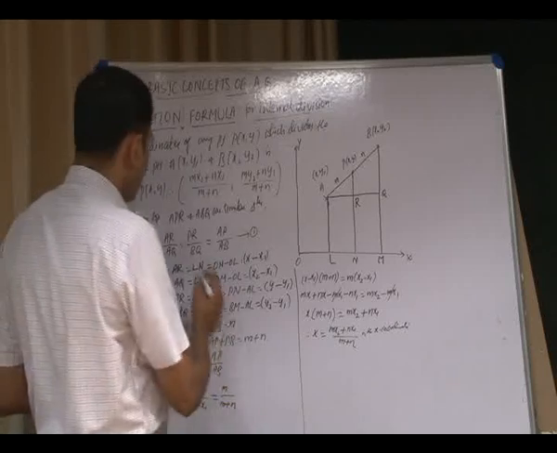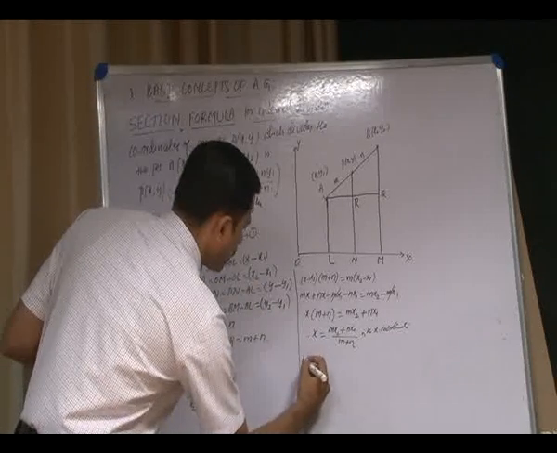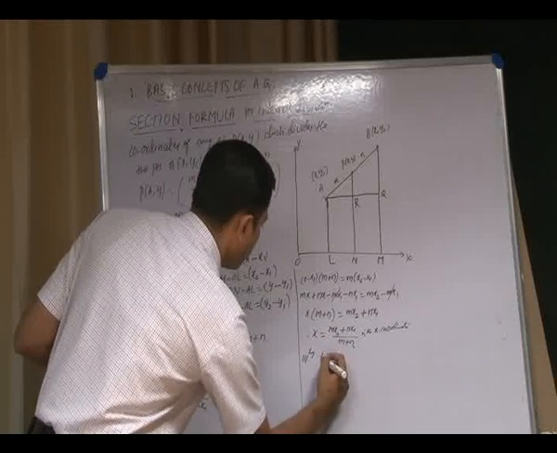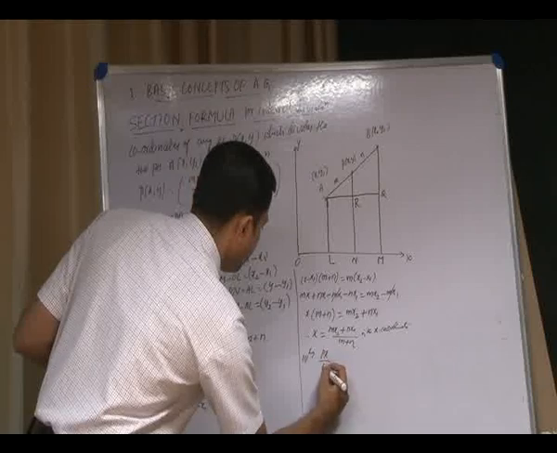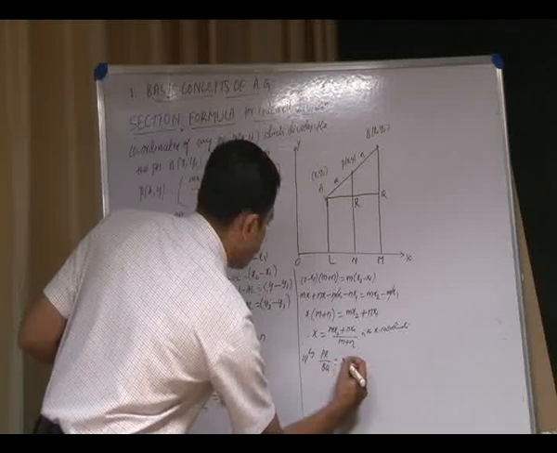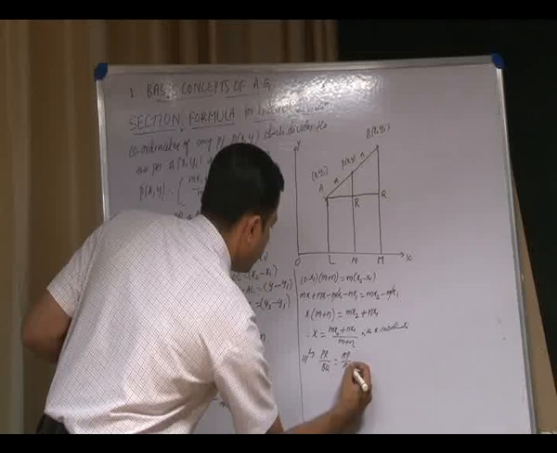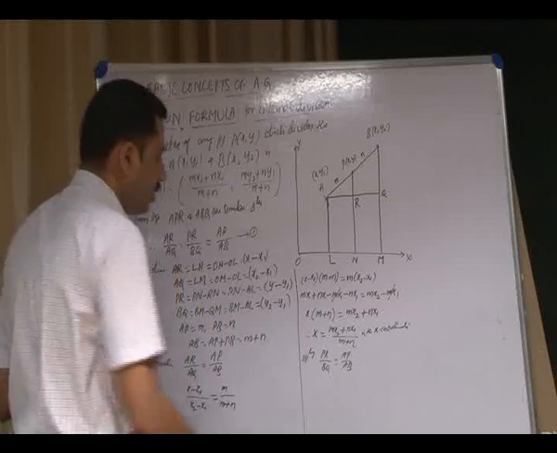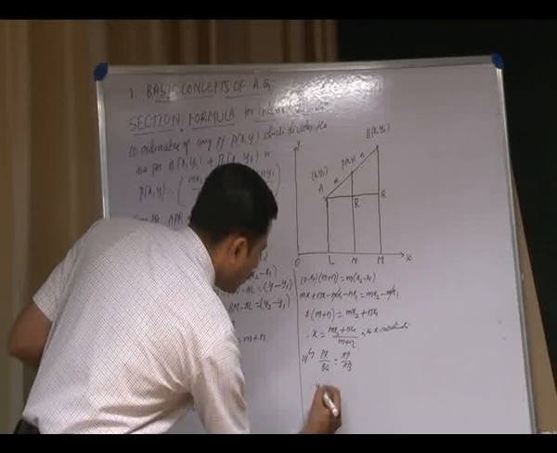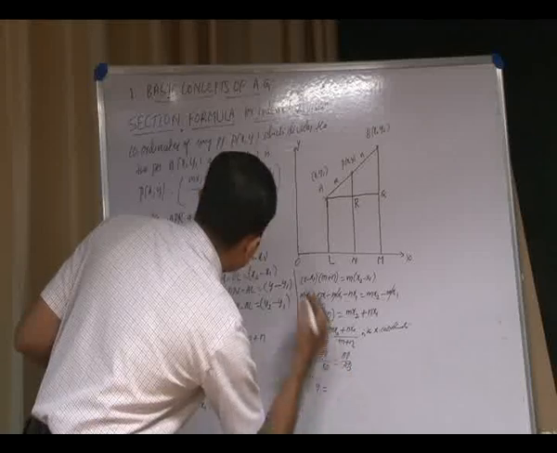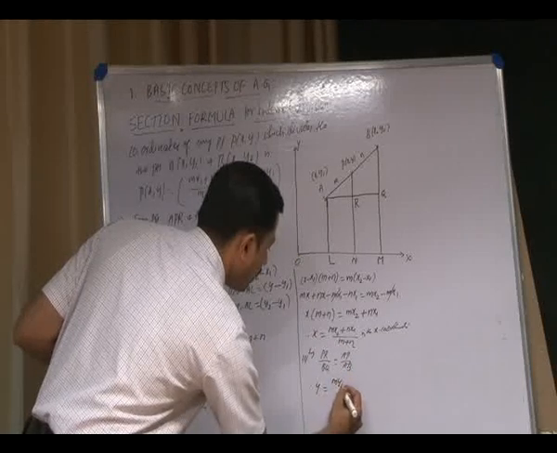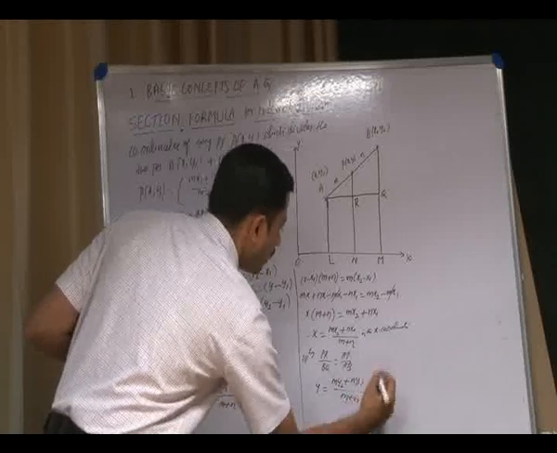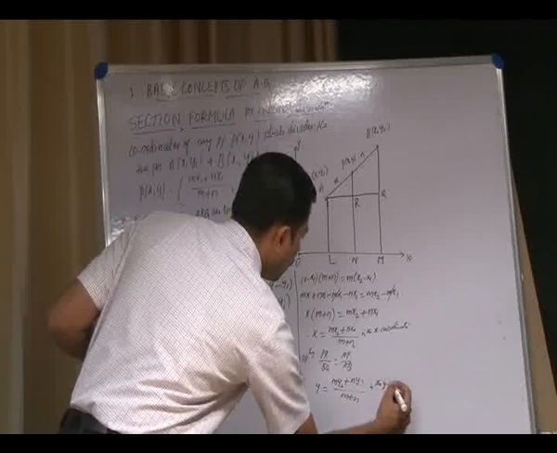Similarly, by considering the equation PR divided by BQ is equal to AP divided by AB, we can derive the y coordinate of point P, and the expression for the y coordinate is y is equal to my2 plus ny1 divided by m plus n.